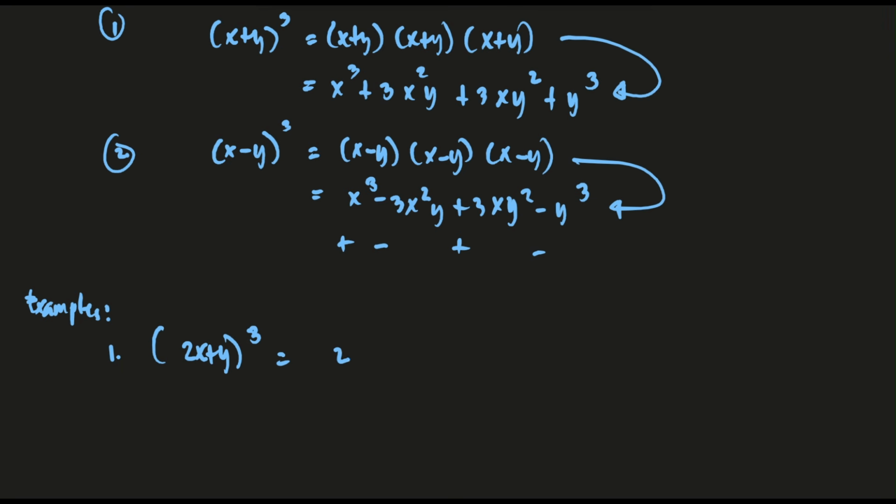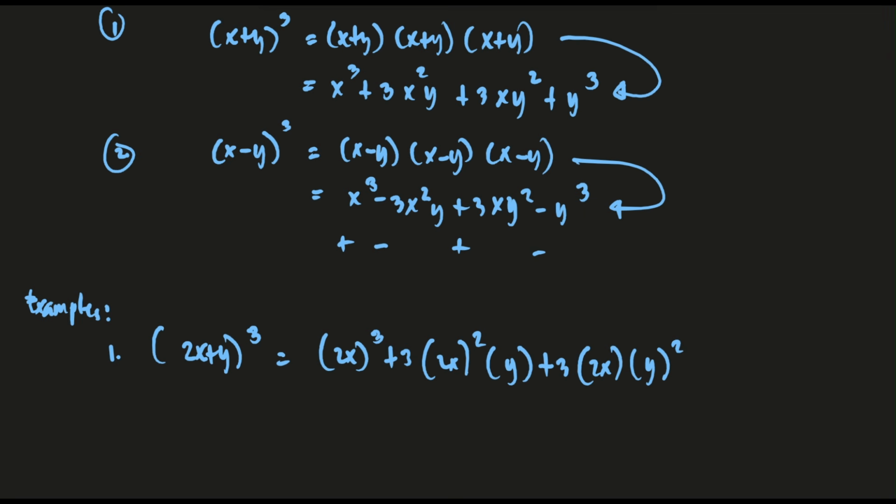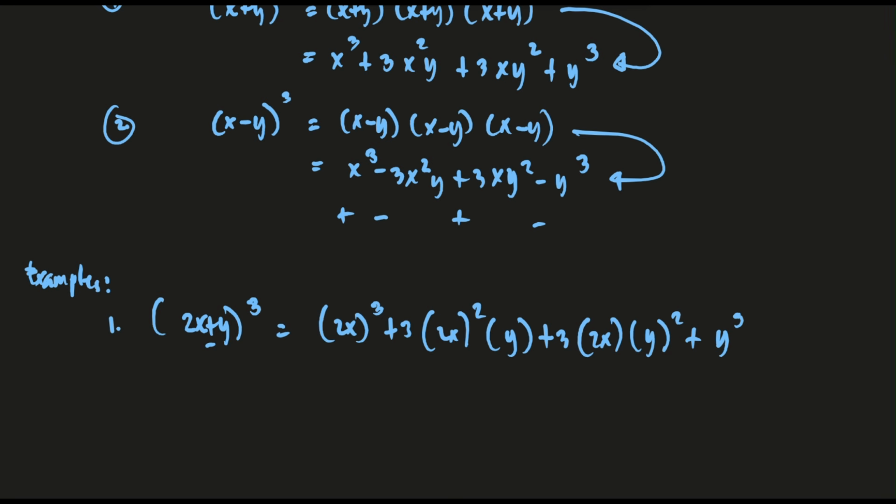The first term we have 2x cube plus 3 times the square of the first term times the second term, which is y, plus 3 times the first term times the square of the second term, and lastly the cube of the second term. Observe, if this is addition, we are using an operation addition. All signs must be positive.